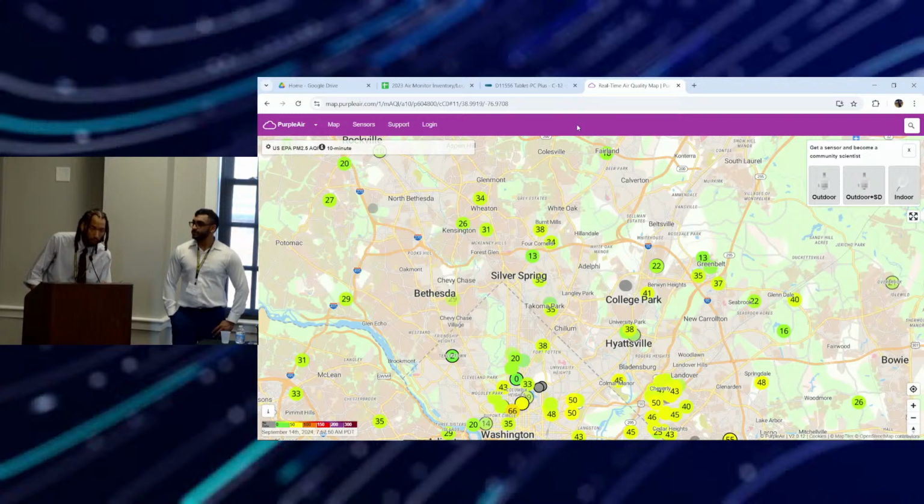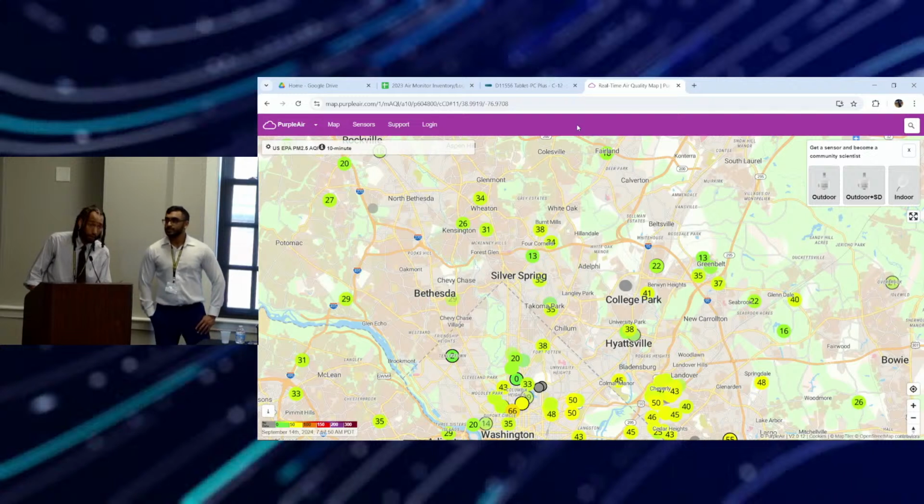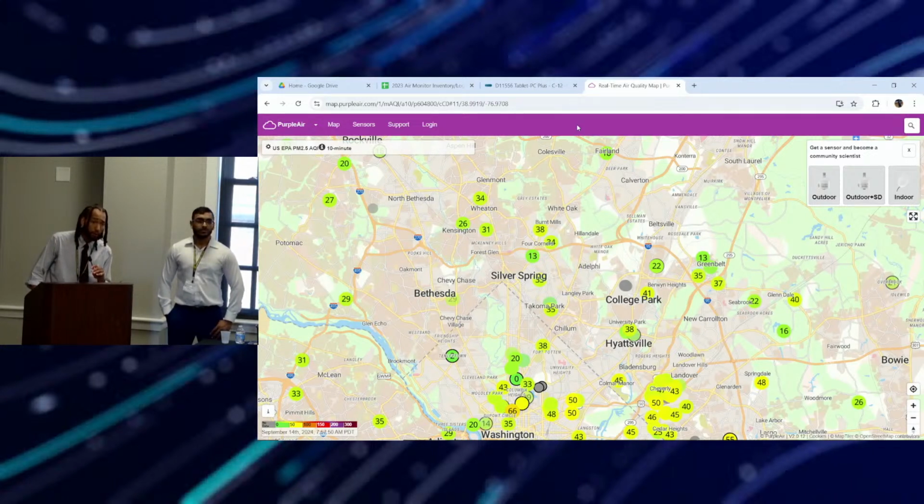Okay. For those online, the question was, does the positioning of the PurpleAir monitor determine the reading of the air quality? Is that what you were asking, ma'am? Yeah, the quality of the reading, because in comparison to what the government has, people have them in their homes, but the information is not consistent.